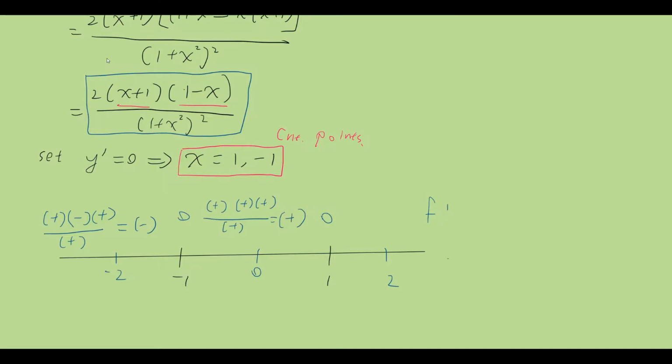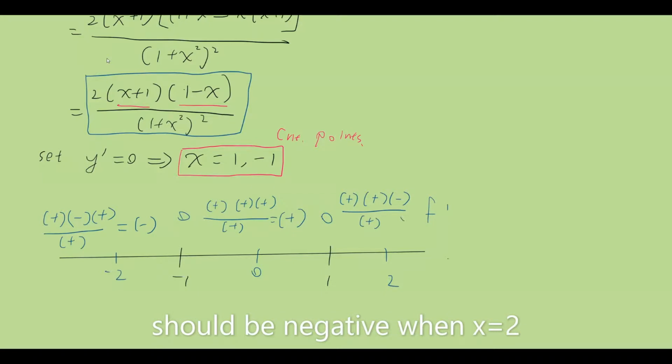And 2, I think that's going to be positive as well. Let's see. Oh no, it's actually negative. Positive, positive, and 1 minus 2, that'll be negative over a positive number, right? So that's going to be a negative number.